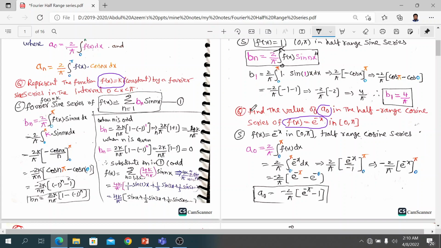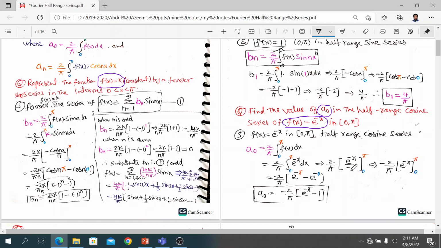Next question: find the value of a naught in the half range cosine series, f of x is equal to e power of minus x in 0 to pi. Now a naught value is 2 by pi integration 0 to pi f of x dx. What is f of x? e power of minus x. Integration of e power of minus x is e power of minus x by minus 1.